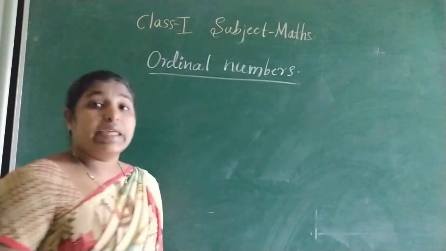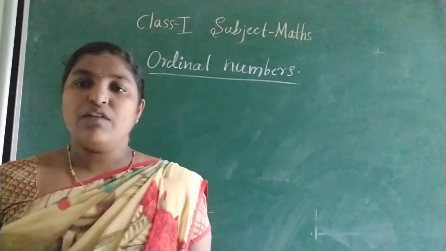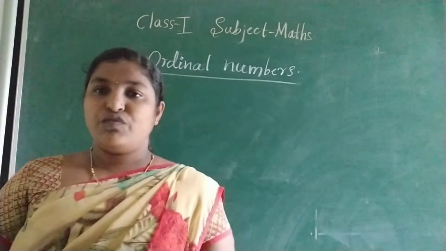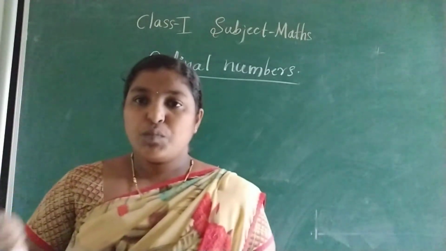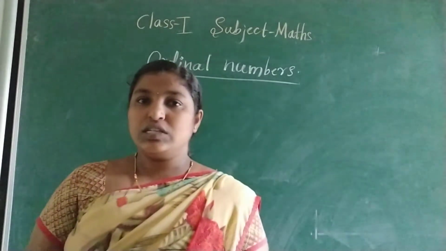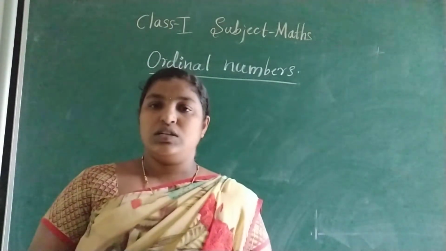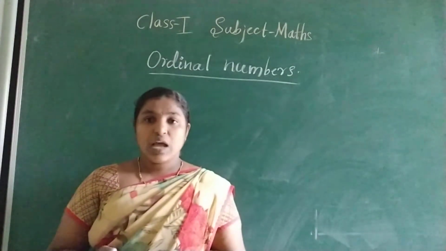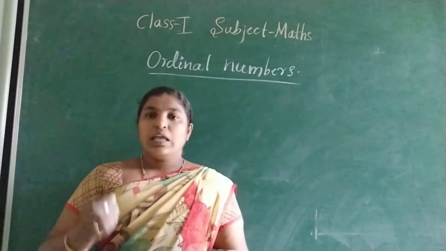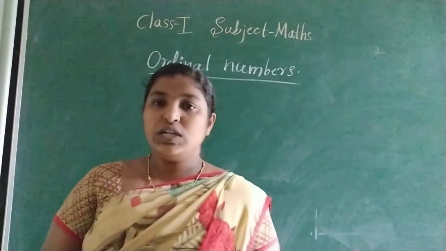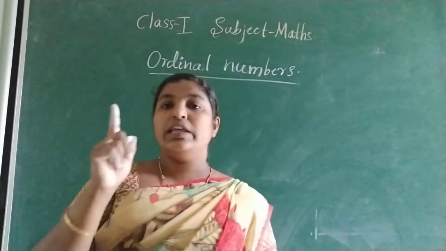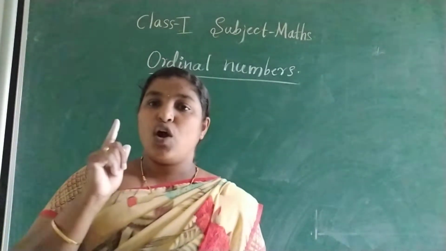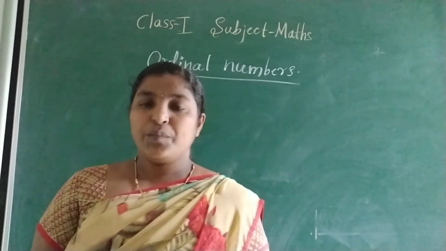Sometimes in our daily life, instead of 1, 2, 3, 4, to explain the position of things or persons, we use some words. Those are known as ordinal numbers. For example, Geeta stood first rank in her class. So which position is she? She got first rank.